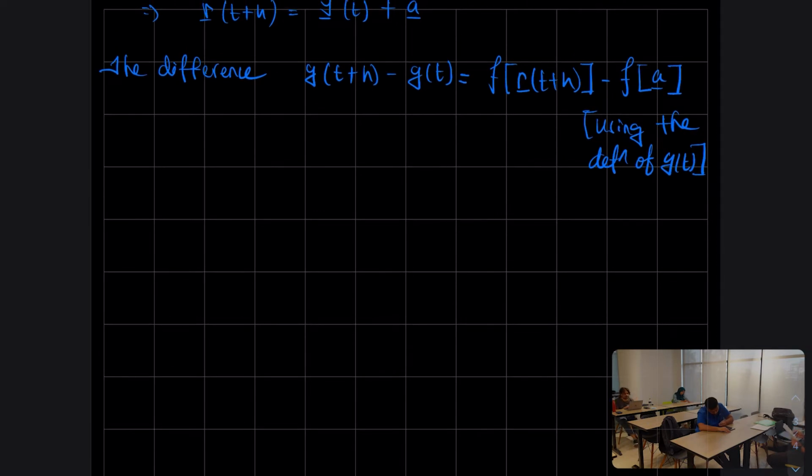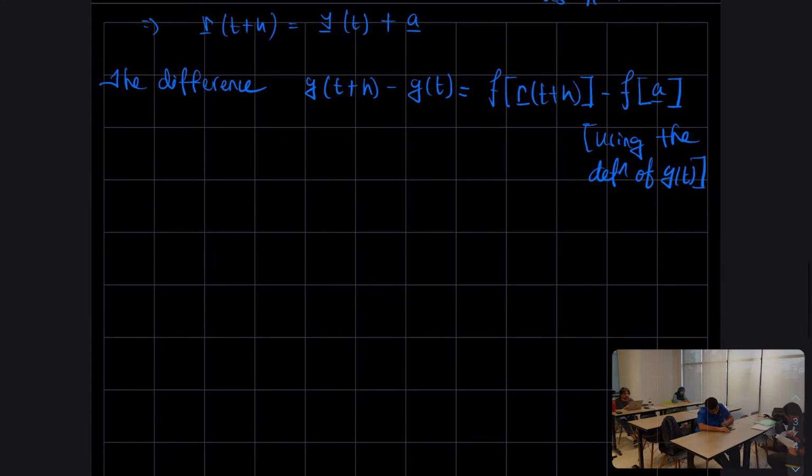Now I'm going to substitute this result. So let me call this equation star, and for brevity, I'm dropping the t.